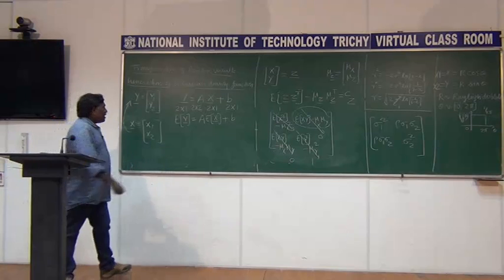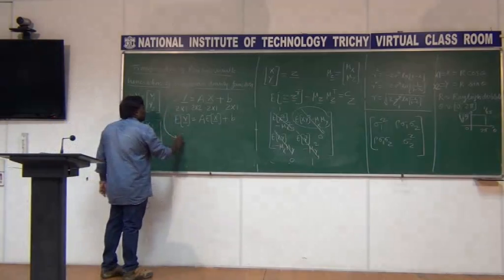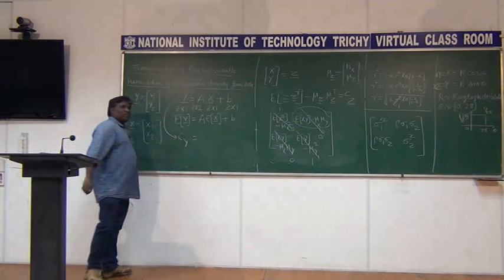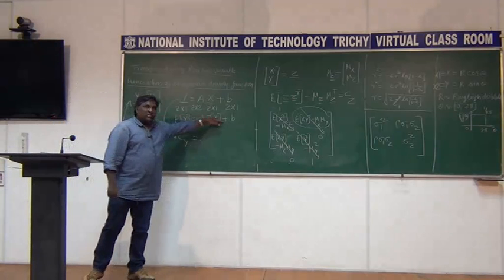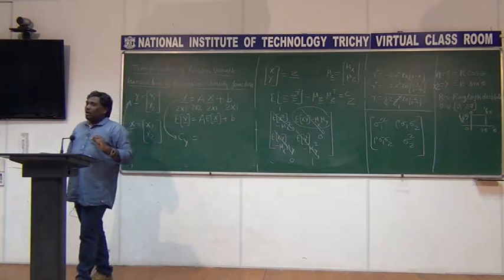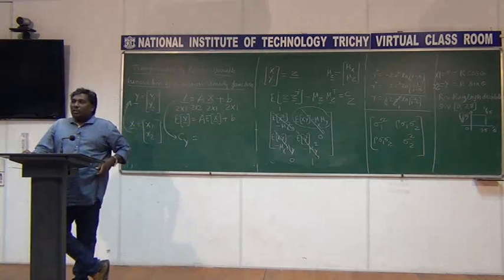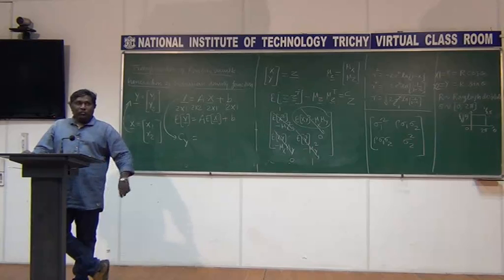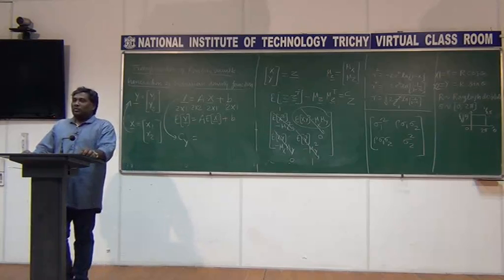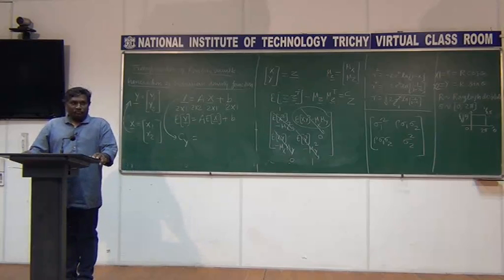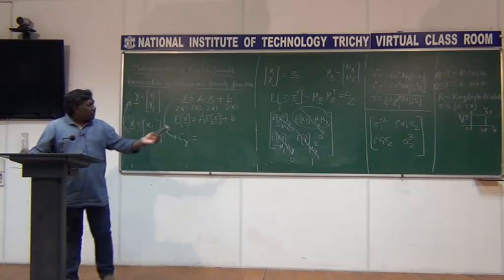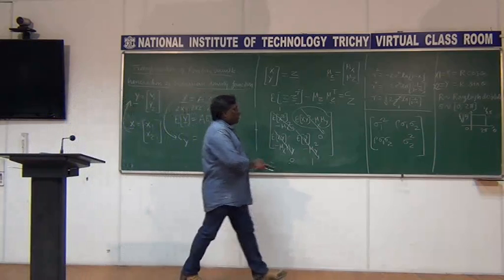So tell me how they are related. We got the relationship for the mean. How are the covariance matrix of the random vector y and the covariance matrix of the random vector x related? I'll give 3 minutes to find this answer. You know the definition for it, so you can tell me the answer.